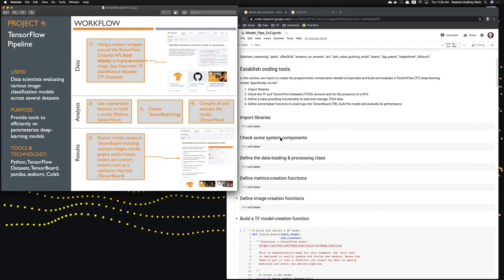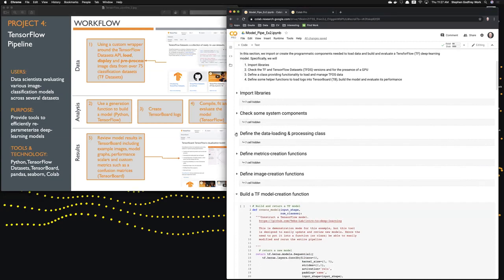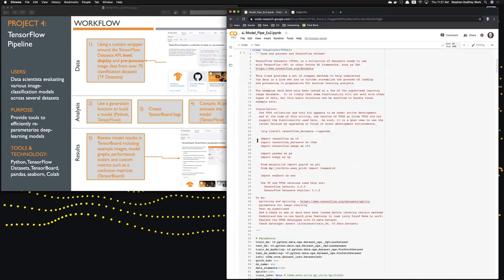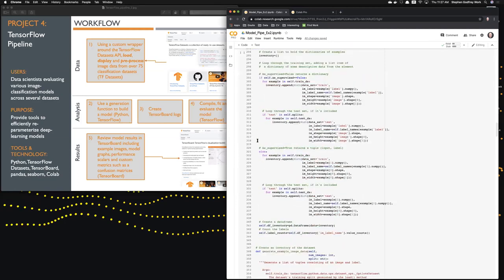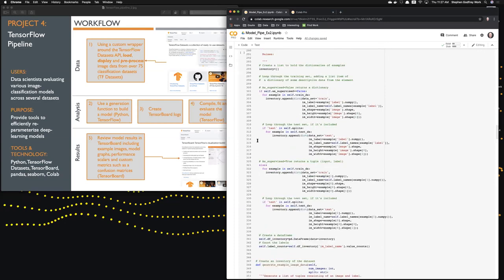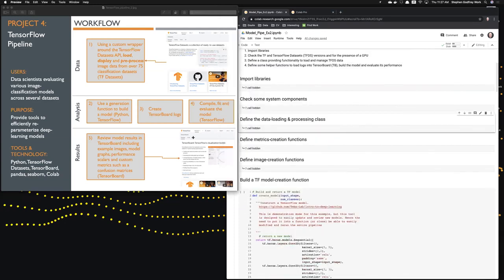But if you're interested in it, you can take a look. It turned out to be quite a bit of code. If you look here, you can see I wrote quite a bit of code, pretty well documented too, to handle that. But we don't have much time to go into it.